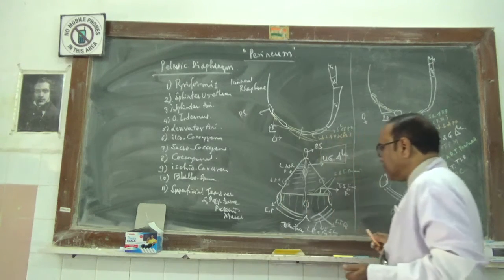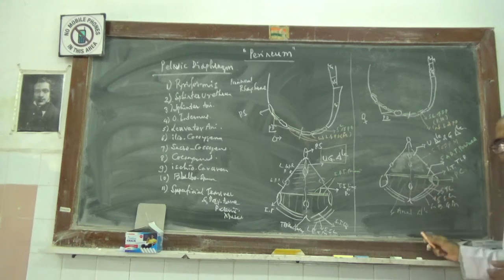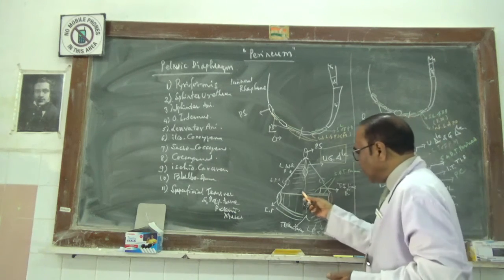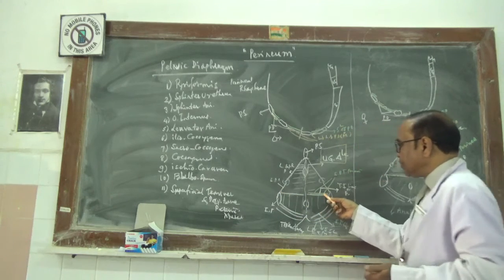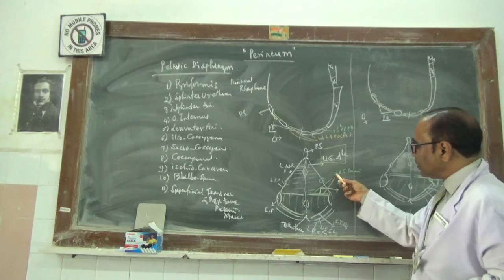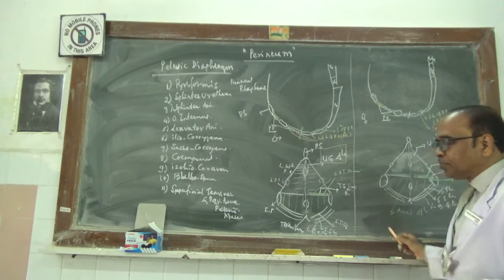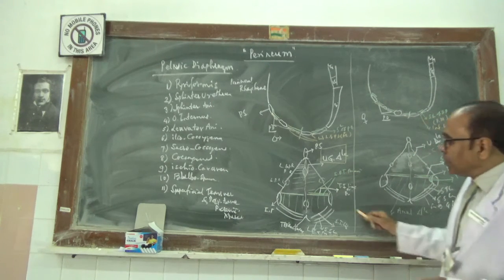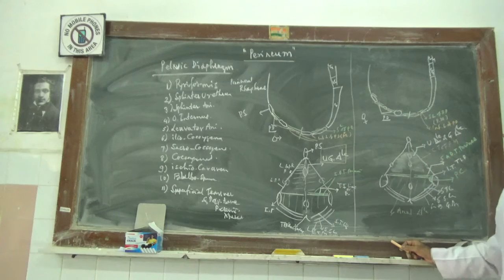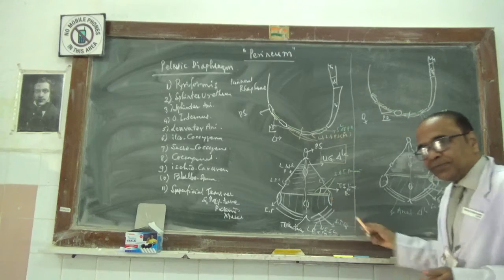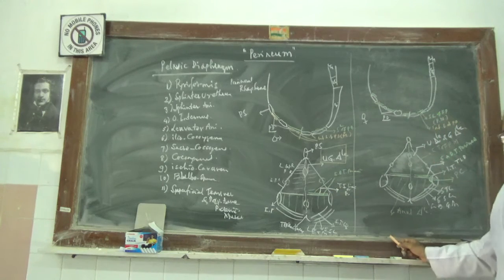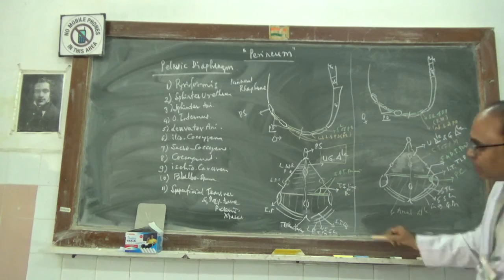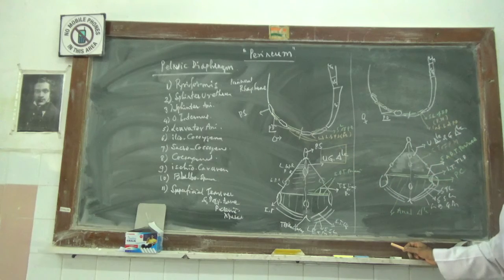Then behind, in male and female, it is limited by the trans-ischial line, which is internally related to the superficial and deep transverse perineal muscles. Now these muscles are fused with each other. Here it is also a fusion of the superficial perineal space with the deep perineal space.